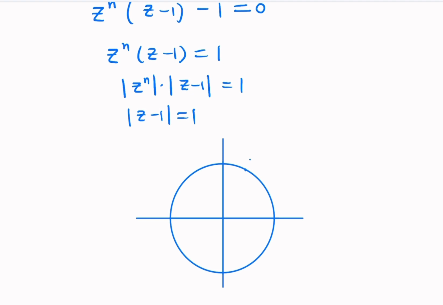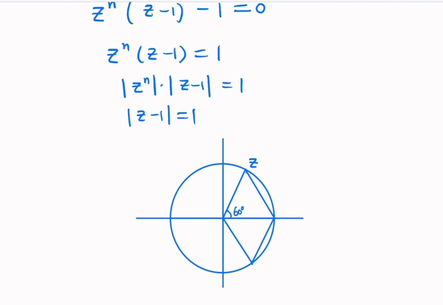If this is z, this would be z minus 1. What we're saying is that the length of this is also 1. That is, this is a regular triangle here, so this must be 60 degrees. Of course, there's another one, on the other side of here. So this is another z, another possibility.